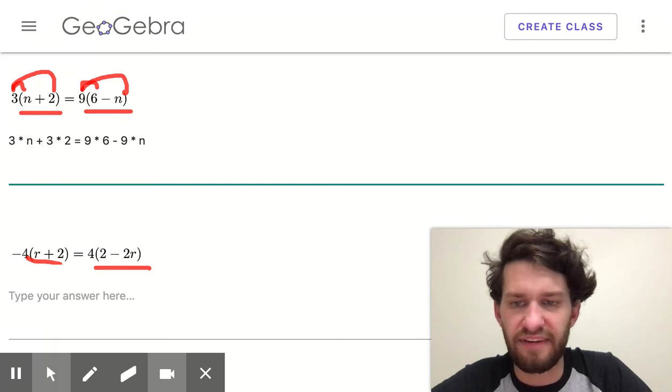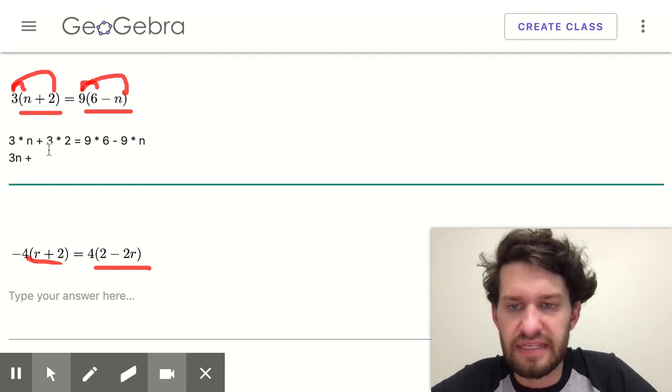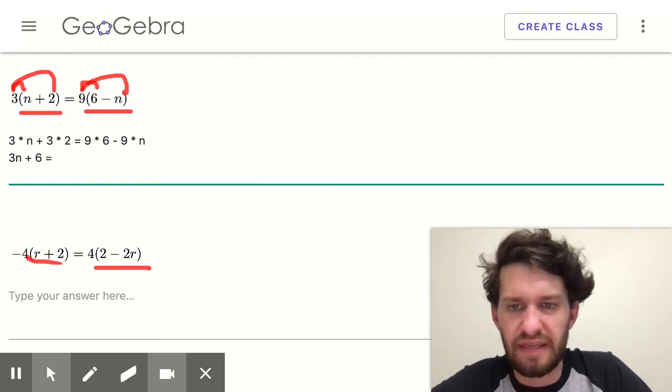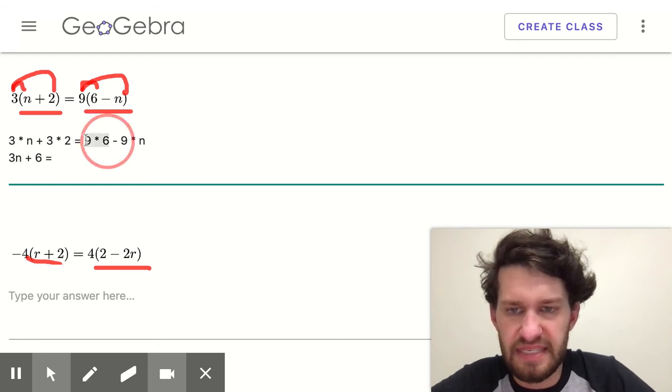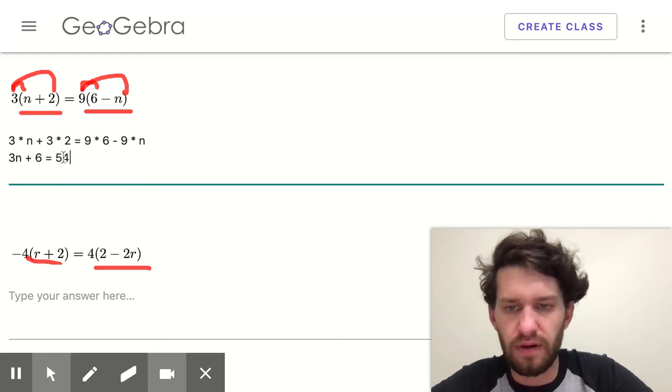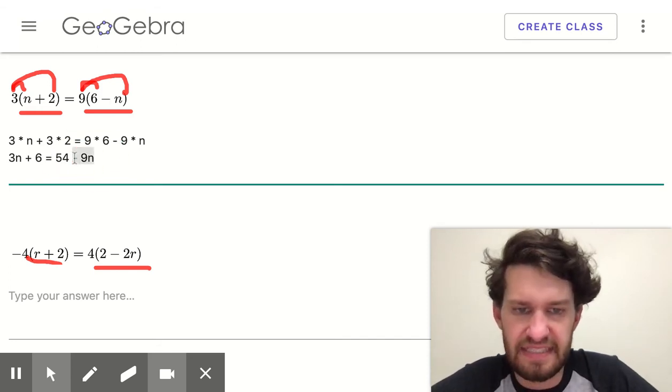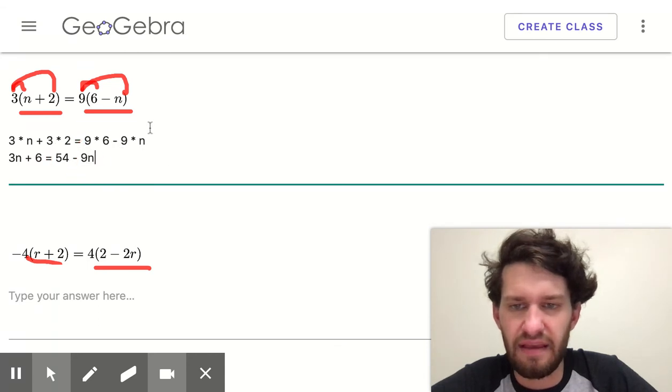So now I can simplify that. 3 times n means I have 3 n's on the left side of my equation, plus 3 times 2 means I have 6 1's. That's going to equal 9 times 6 means I have 54 1's, minus 9 times n means I have negative 9 n's on the right side of my equation.